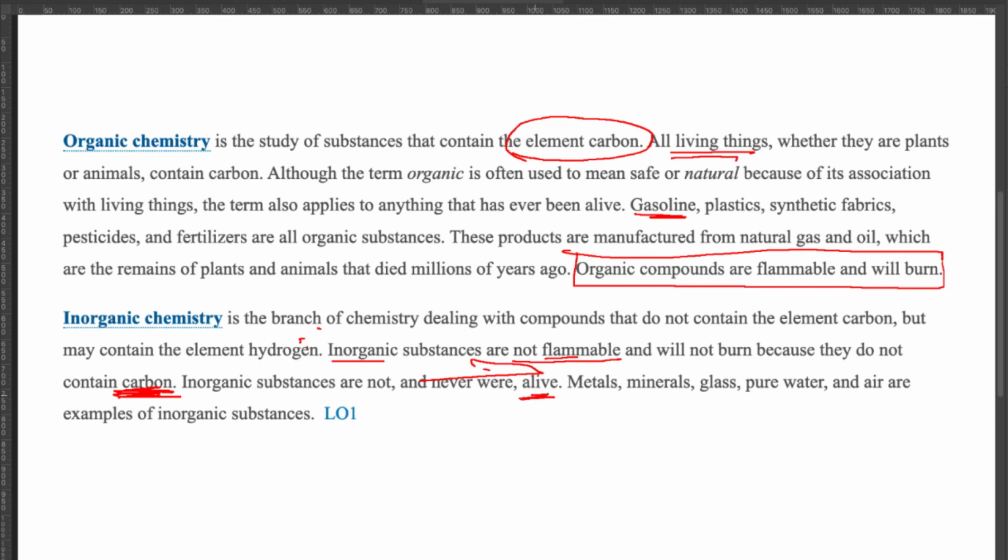So they were never ever a part of a living organism. And so metals and minerals and glass, pure water and air are examples of inorganic substances. So there are the organic and the inorganic chemistry differences. First is carbon, and then second is living things, and third is combustibility.